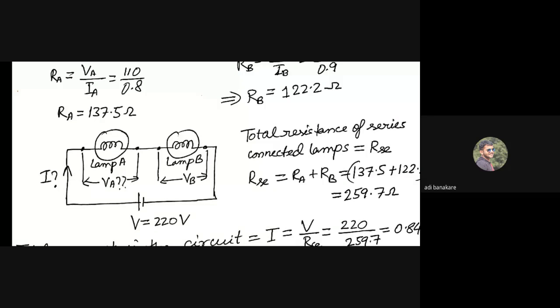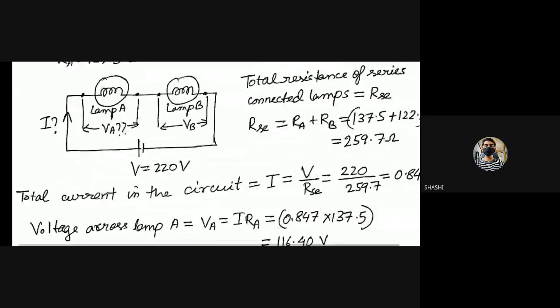Everyone getting it? VB is equal to 103.5 volt. Absolutely correct. So the voltage across lamp A and lamp B is determined just like this.